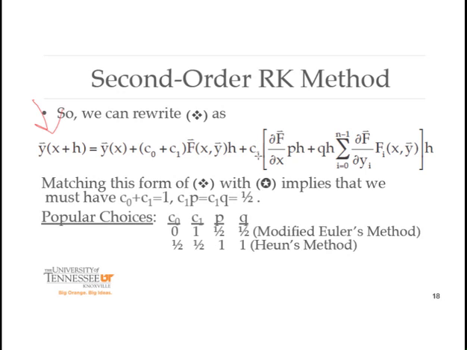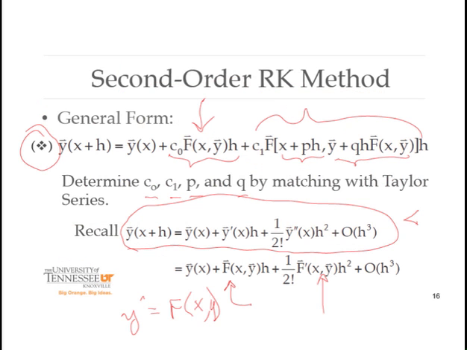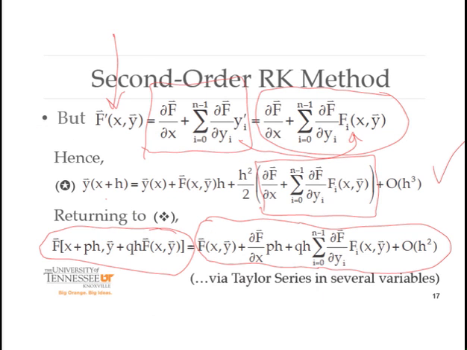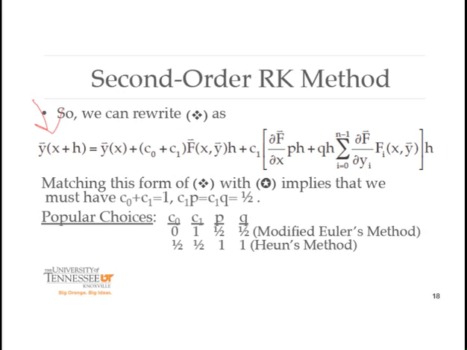So again, if we go back, we're just saying these particular constants, C0 and C1, are not random. You can actually derive constraints on them by exploiting Taylor series representations for functions of one and two variables.